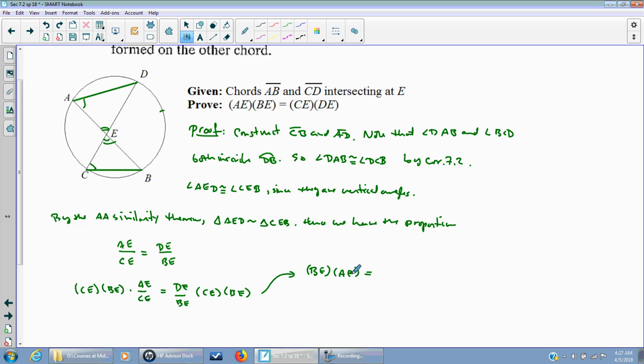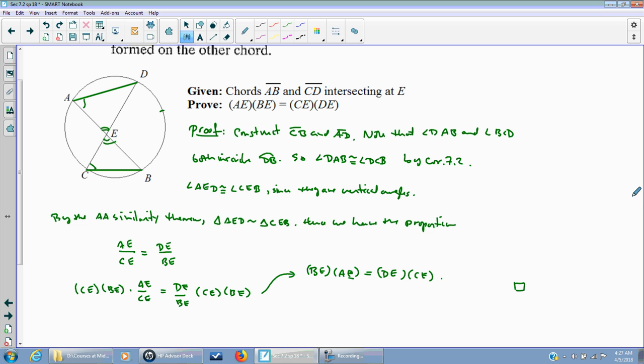And on the right side, the BE's cancel, and I have DE times CE. Okay. And except for the order of the factors being off over here, which you can certainly switch by commutative property, we are done.